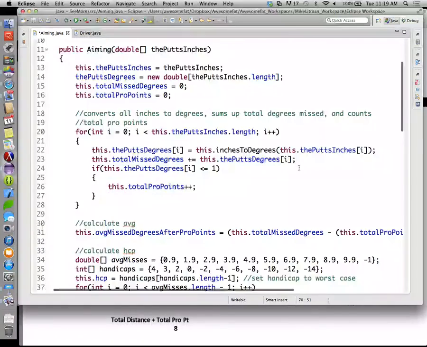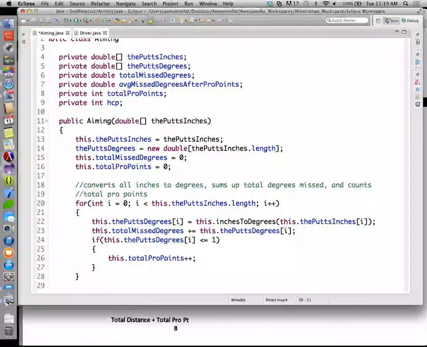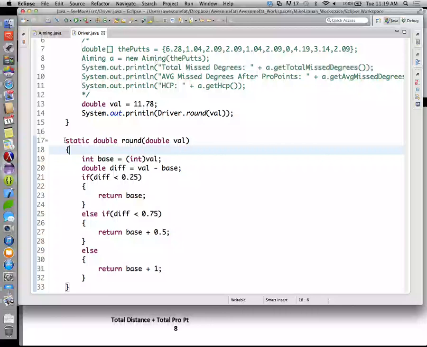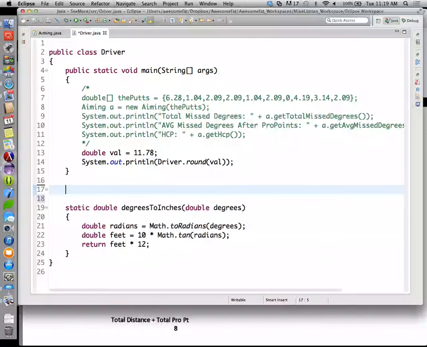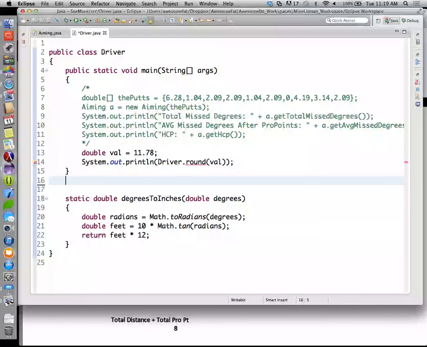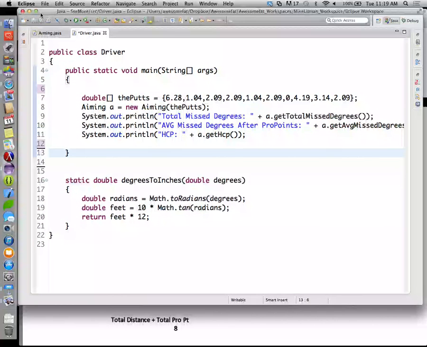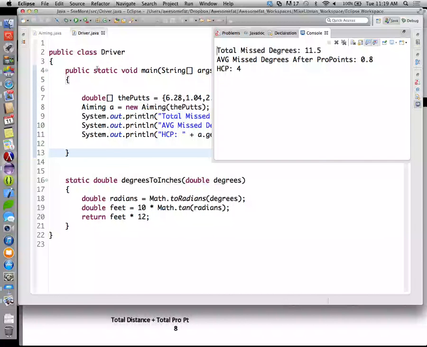So we're going to use our own round function to do this. Go back to driver. Don't need any of that anymore. .5, 0.8, handicap 4.